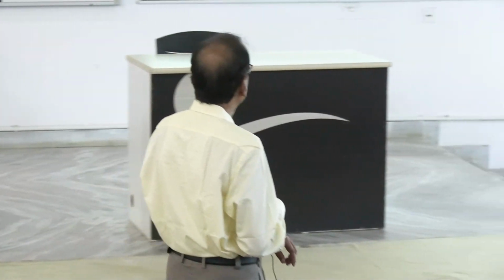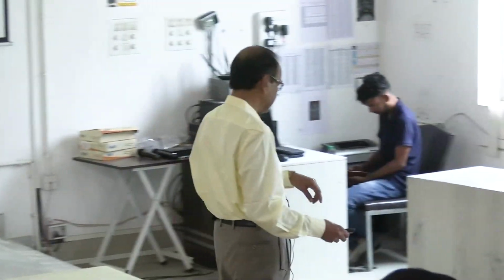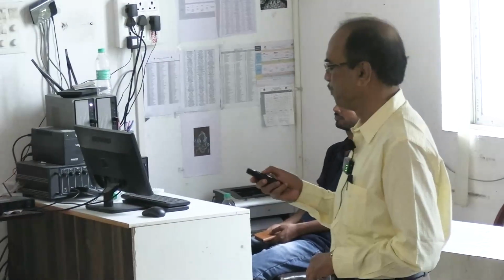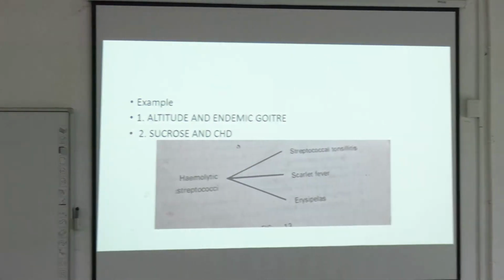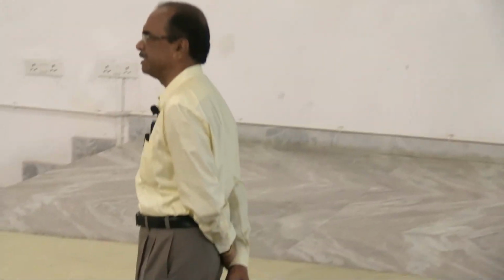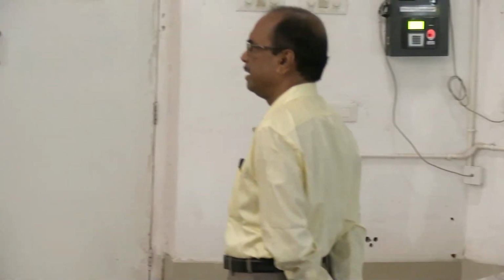So I have already discussed these two theory, altitude and endemic goiter, and second is sucrose and CSD. Now we will go to direct. So in myocardial infarction there is indirect relationship, but in certain diseases there are direct relationship. That means Salmonella typhi is the responsible for typhoid fever.